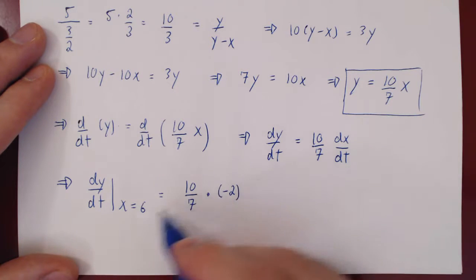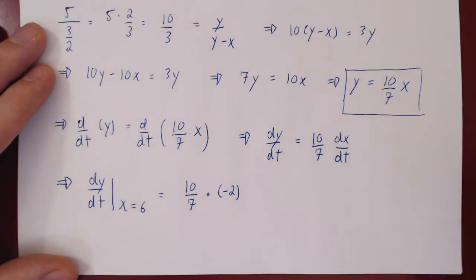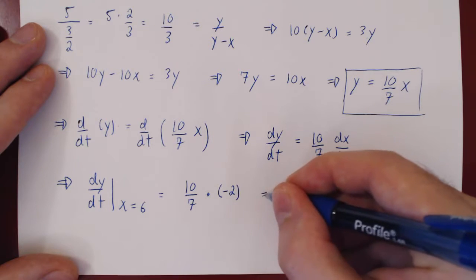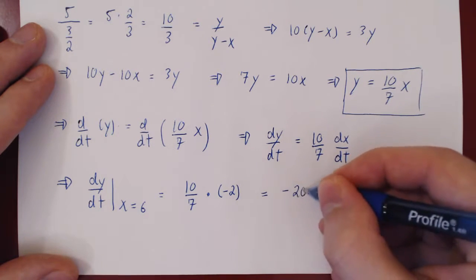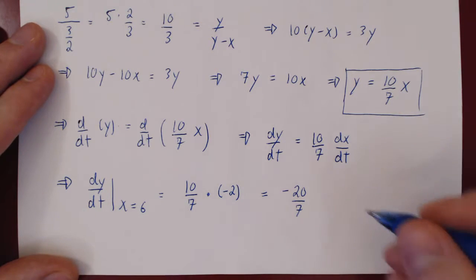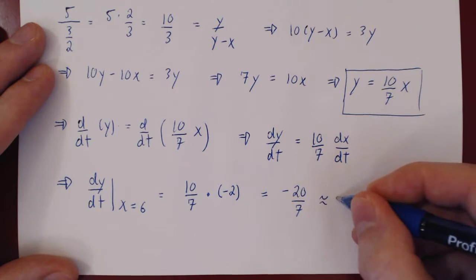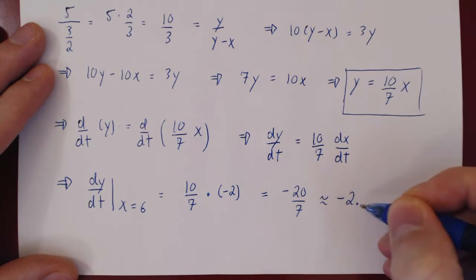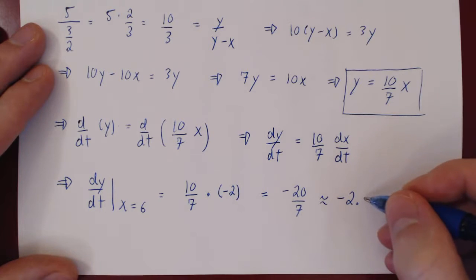This would have been the same answer if x was 5, 4, 3, 2, 1. And finally, we get negative 20 over 7. If you approximate this, you'll get approximately a rate of change of negative 2.86.